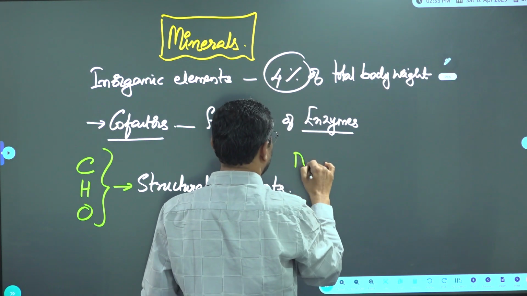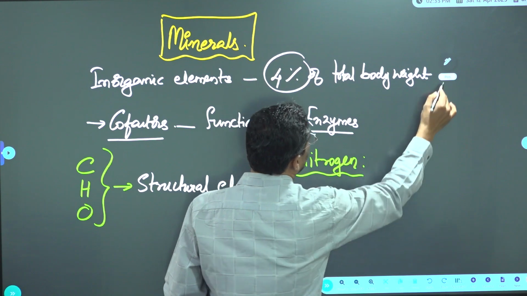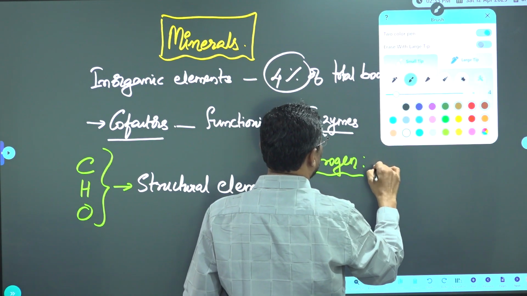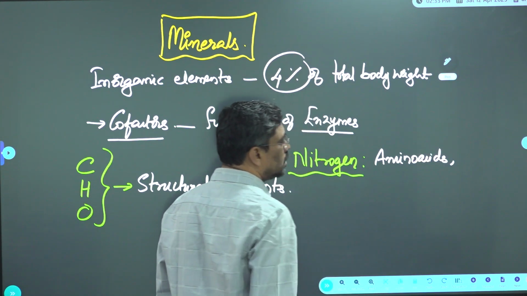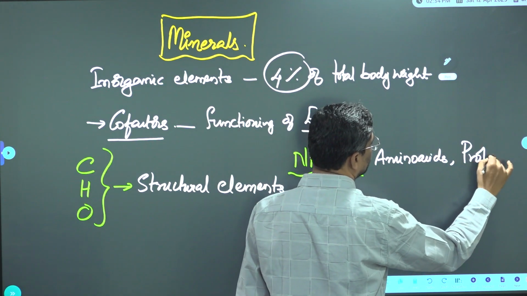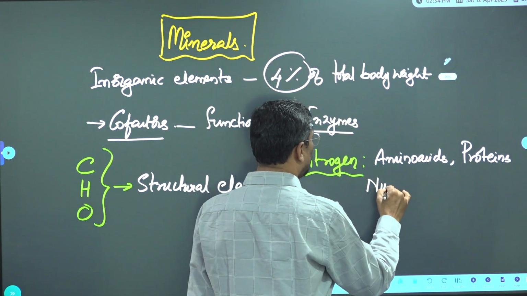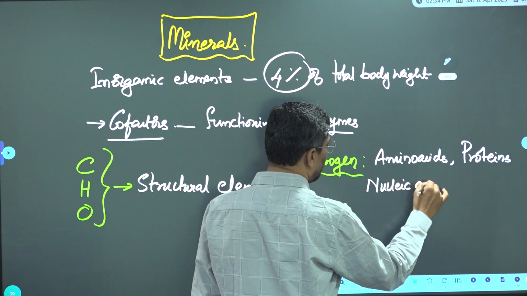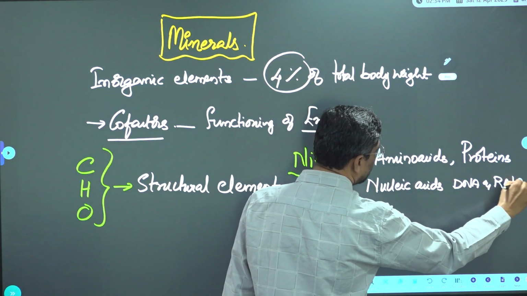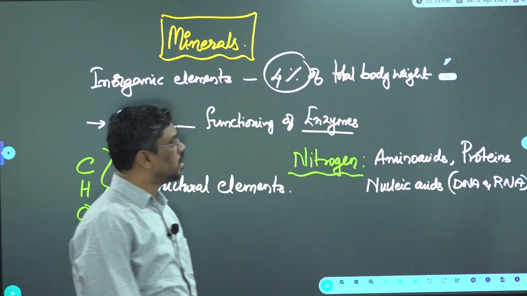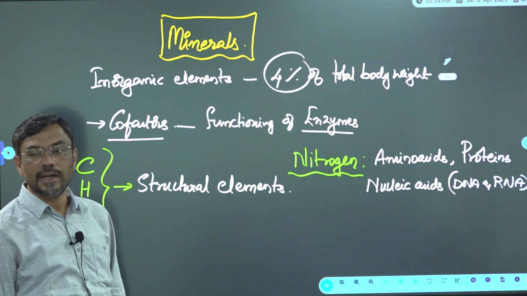Nitrogen is a component of amino acids, proteins, and nucleic acids, that is DNA and RNA.